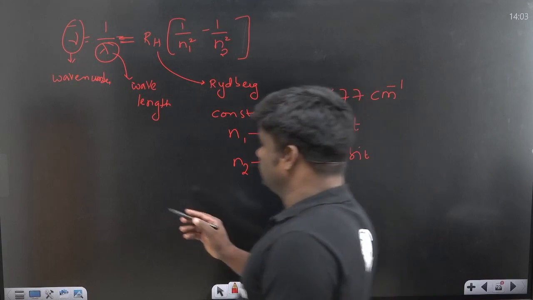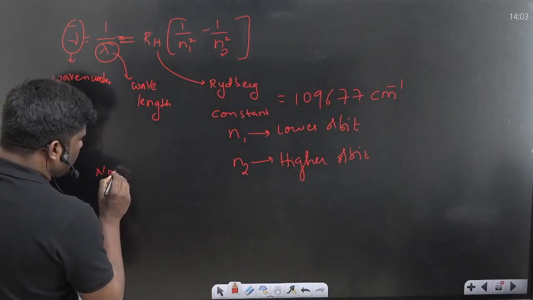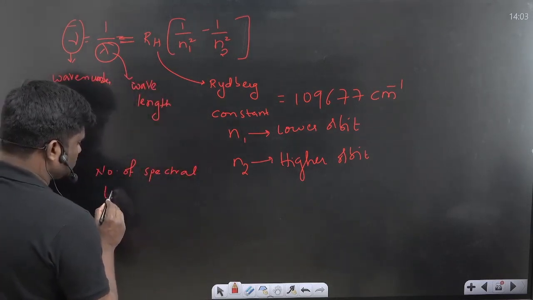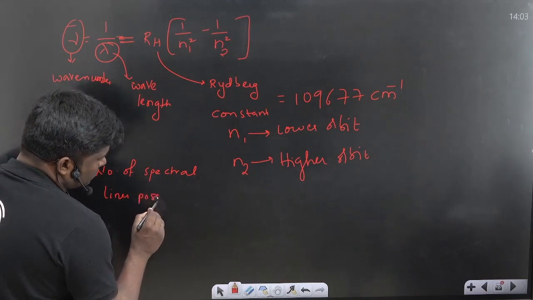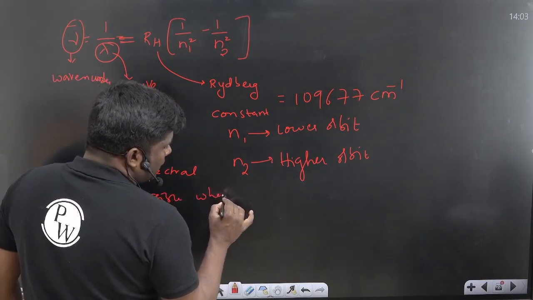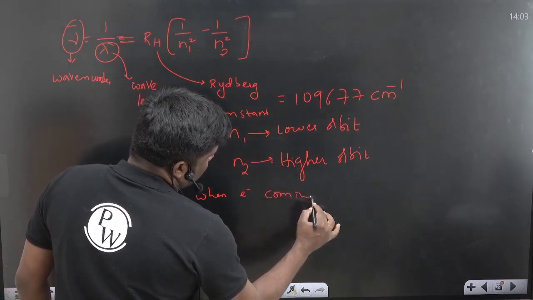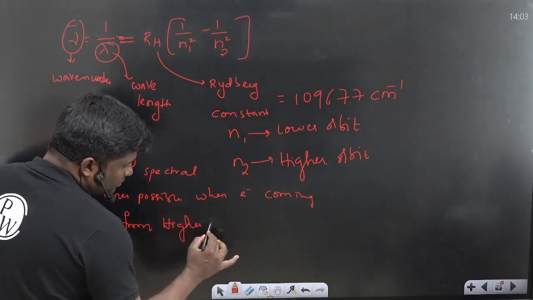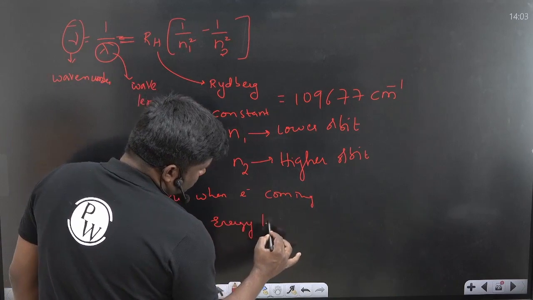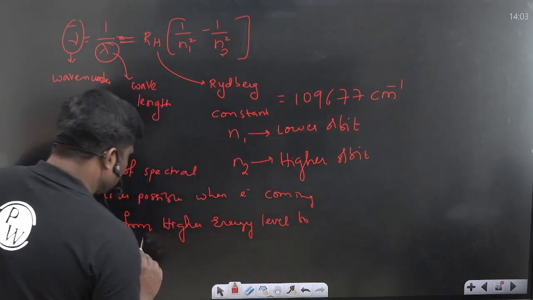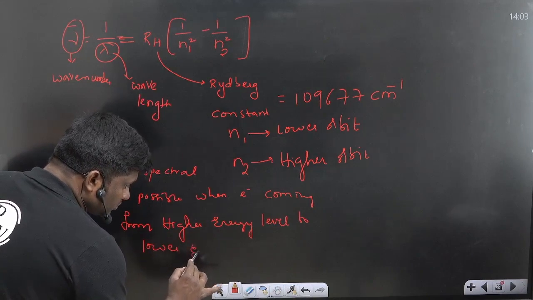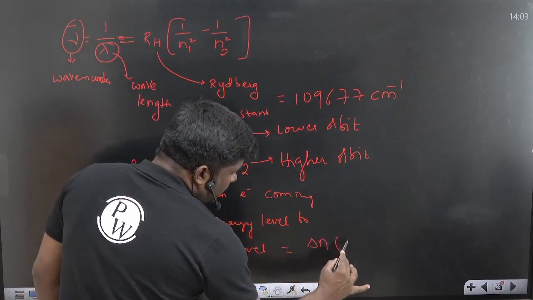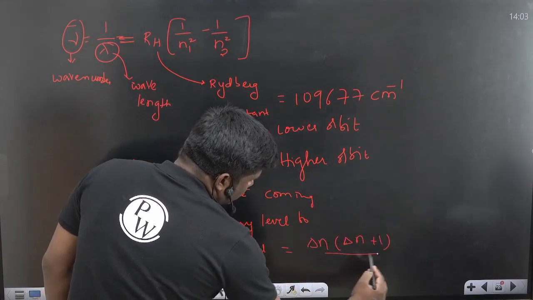And one more important thing: the number of spectral lines possible when an electron comes from a higher energy level to a lower energy level is equal to delta n into delta n plus 1 by 2.